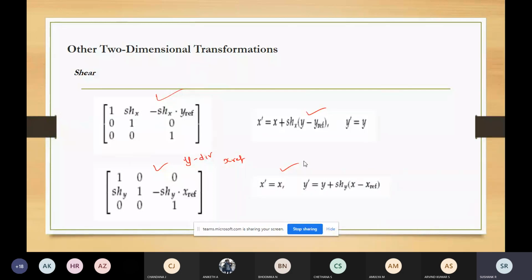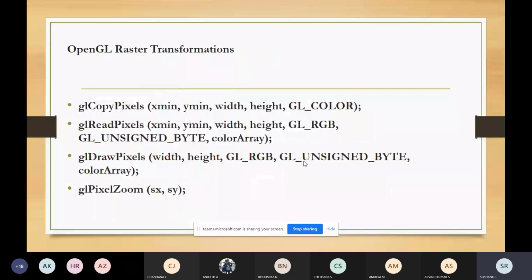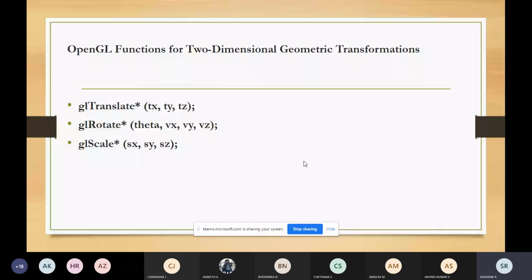Next will be OpenGL functions, which we will continue in the next classes, like raster transformation. We have learned about translation, rotation, scaling.